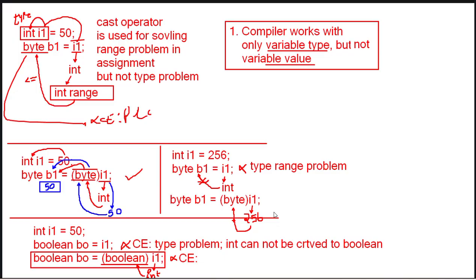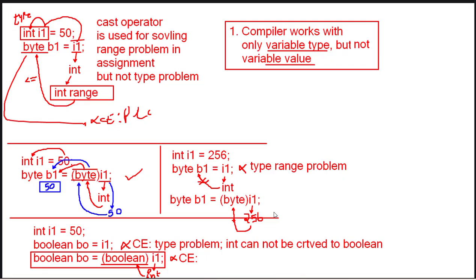That means what operator did you apply there? Cast operator. Forcibly, you applied the cast operator. Reduced 1 liter water to half liter, and the remaining half liter you are losing.